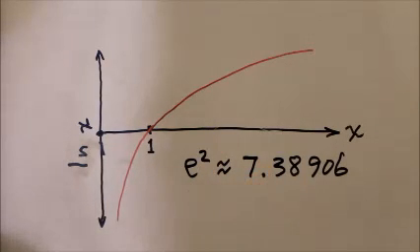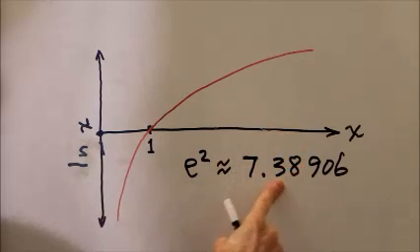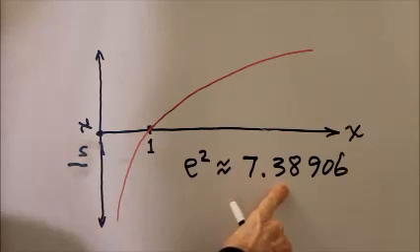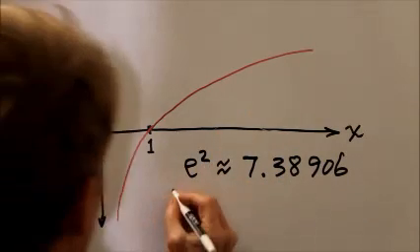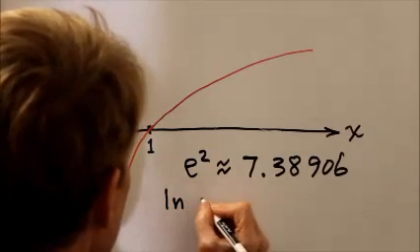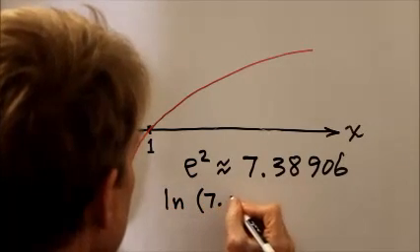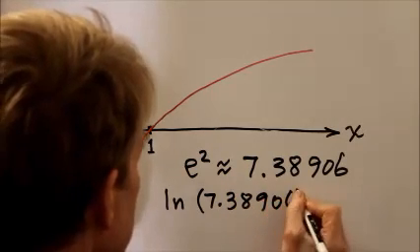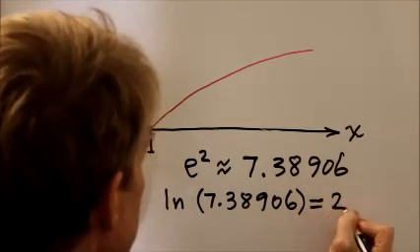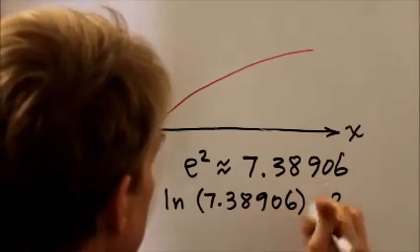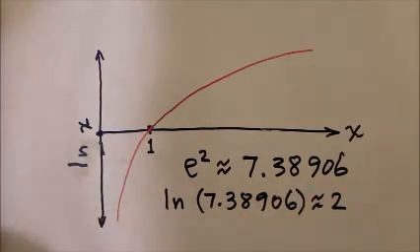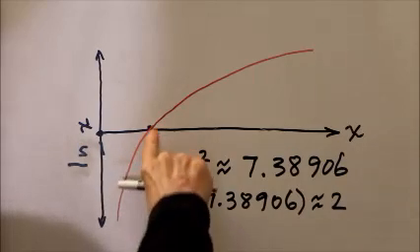We square that, we get an irrational number. What this means is that the base e logarithm of this thing is equal to 2. In other words, the logarithm of 7.38906 is approximately equal to 2, or if we use that irrational number itself, it's exactly equal to 2.